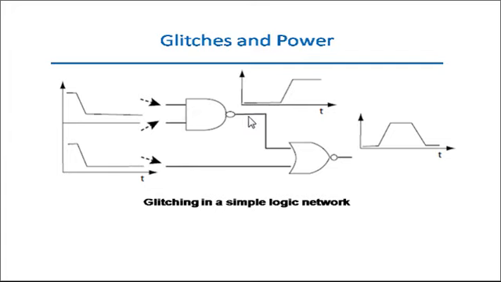And it is a NOR gate, and if any input is 1, the output is 0. But what happened in this circuit? These two inputs are 0. The output is supposed to be 1, but because of the gate delay of the NAND gate, the output becomes 1 after a certain time.